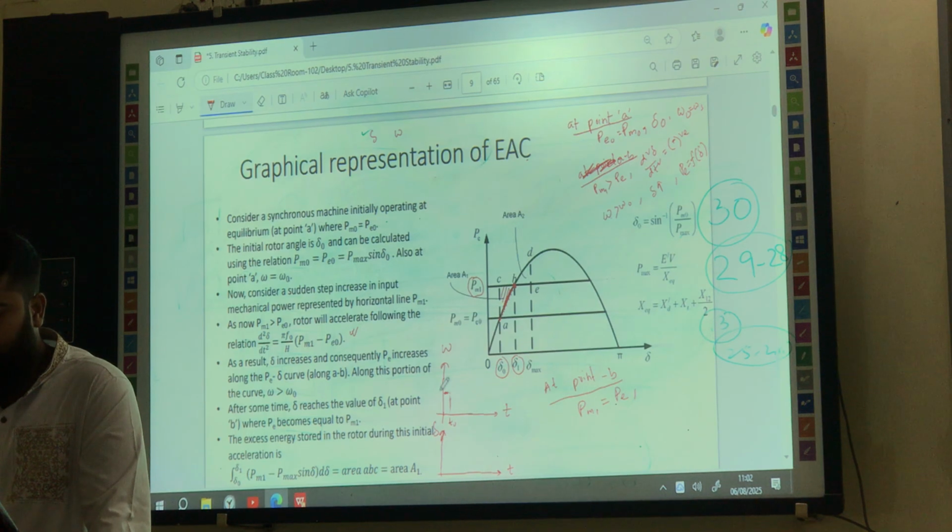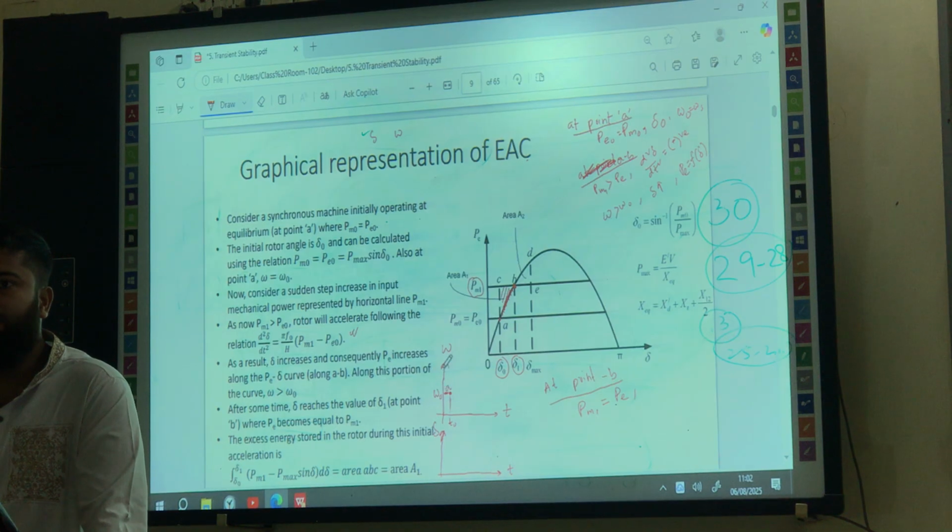Okay. So in this duration, the system was in the steady state. That's why the omega is omega naught, right? Then this is actually point A. So up to point A, the speed will be omega naught. Then we increase the PM. So from A to B, the omega value will be higher than this omega naught, right?